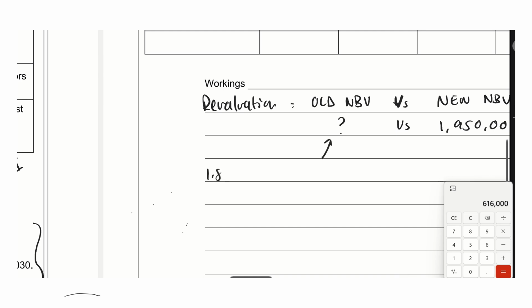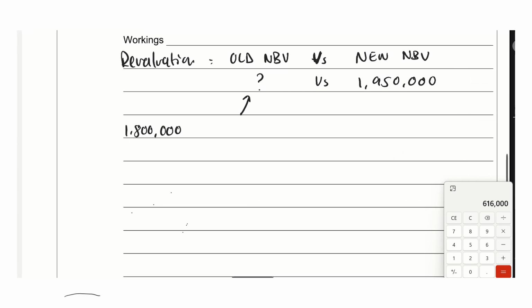The cost is 1.8 million. And the formula for the straight line method you're going to be using is, remember, there are two possible formulas you could use for the straight line method. Formula number one is your cost multiplied by the percentage.